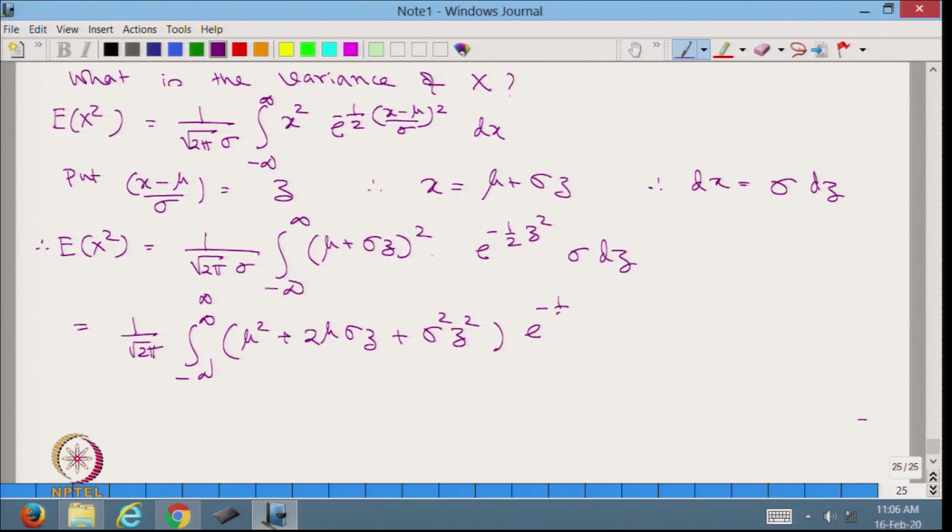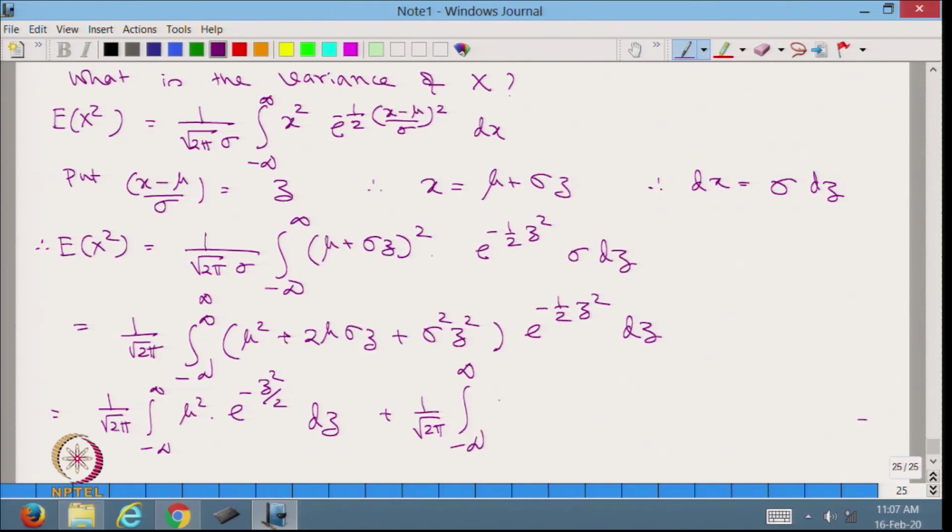into e to the power minus half z square dz, which is equal to 1 over root over 2 pi integral from minus infinity to infinity of mu square into e to the power minus z square by 2 dz plus 1 over root over 2 pi integral from minus infinity to infinity of 2 mu sigma z e to the power minus z square by 2 dz plus sigma square upon root over 2 pi integration from minus infinity to infinity of z square into e to the power minus half z square dz.